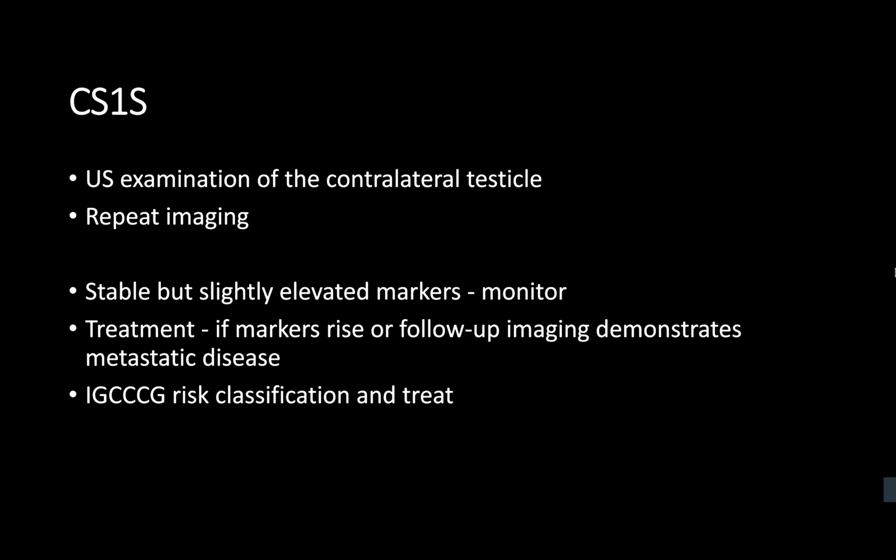Okay, so for a patient with clinical stage 1S after orchidectomy, how are you going to proceed? So for this patient, I will repeat the tumor markers after the orchiectomy, and if they are still elevated, then I will arrange for the patient to have 3 cycles of BEP.